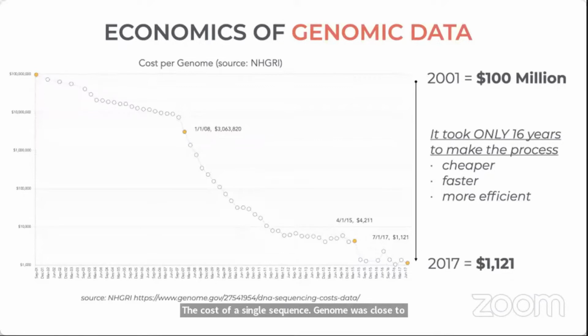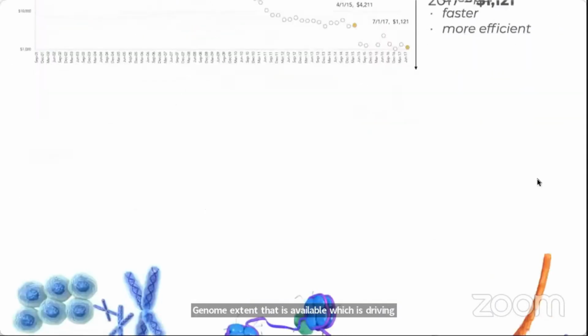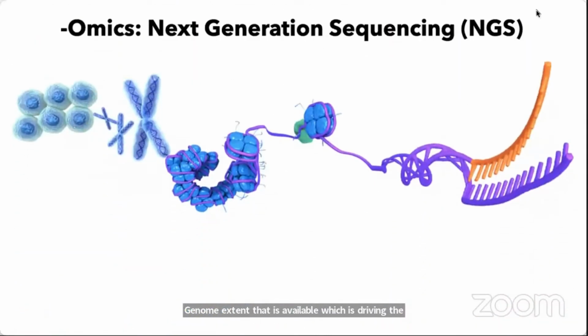And the aim is to reach less than $500 or $100 by 2025, I believe, if I'm not wrong. So this has made a tremendous volume of genomics data available, which is driving the whole big data bioinformatics field forward.